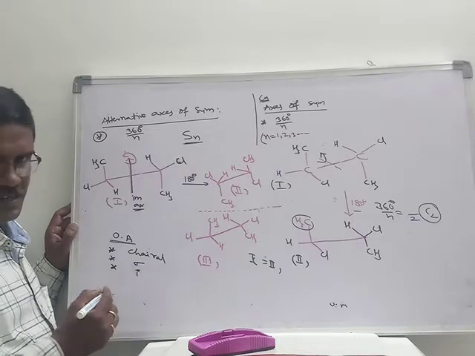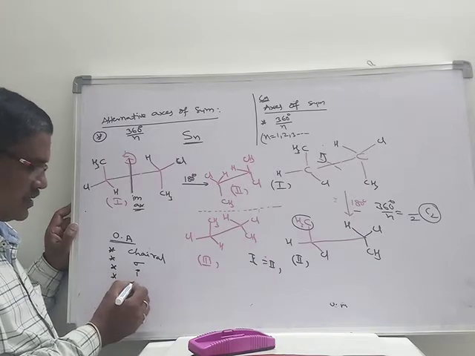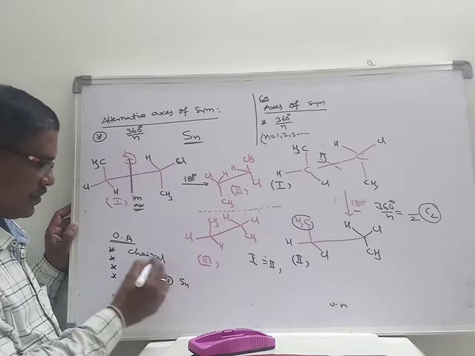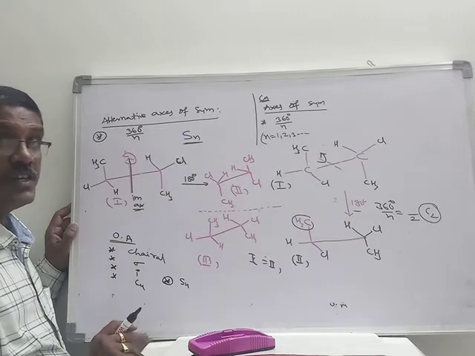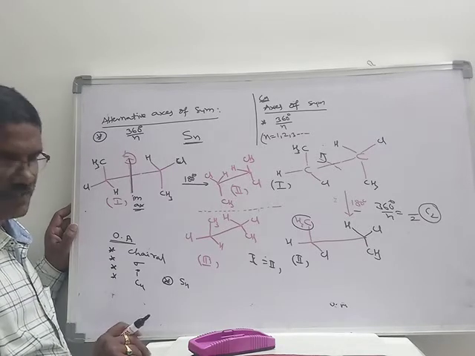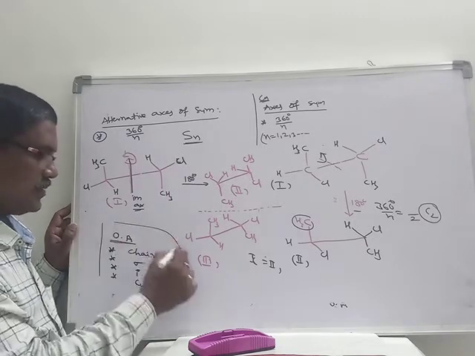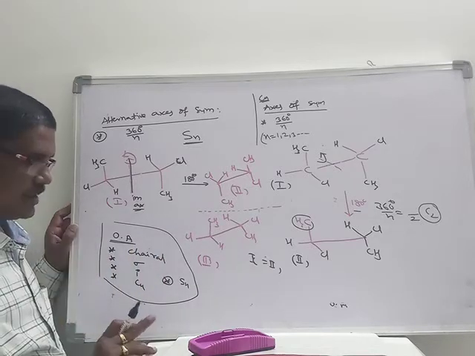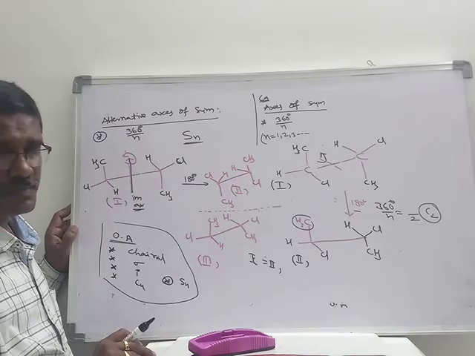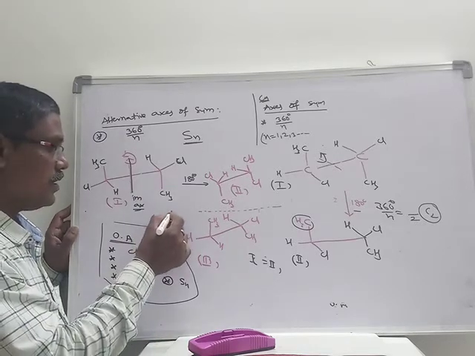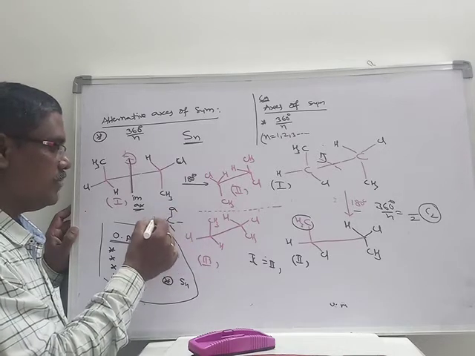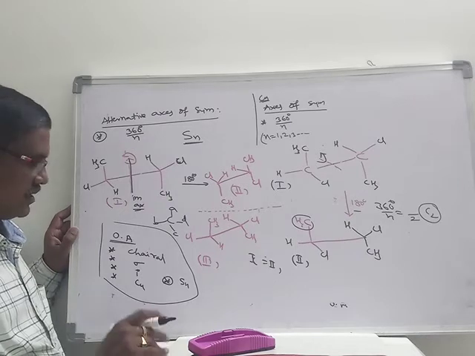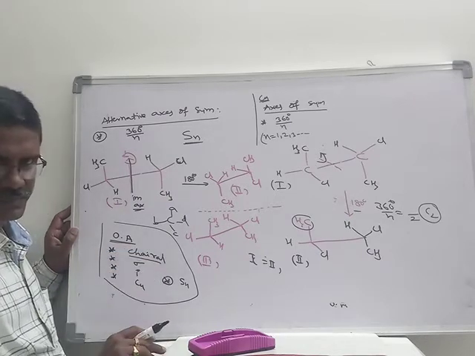Absent I, that is center of symmetry. Absent Cn, absent Sn. So these are called the conditions to exhibit optical activity. This is very, very important. At least one chiral carbon. Chiral carbon means a carbon containing 4 different groups, A, B, C, D. It's called a chiral carbon.